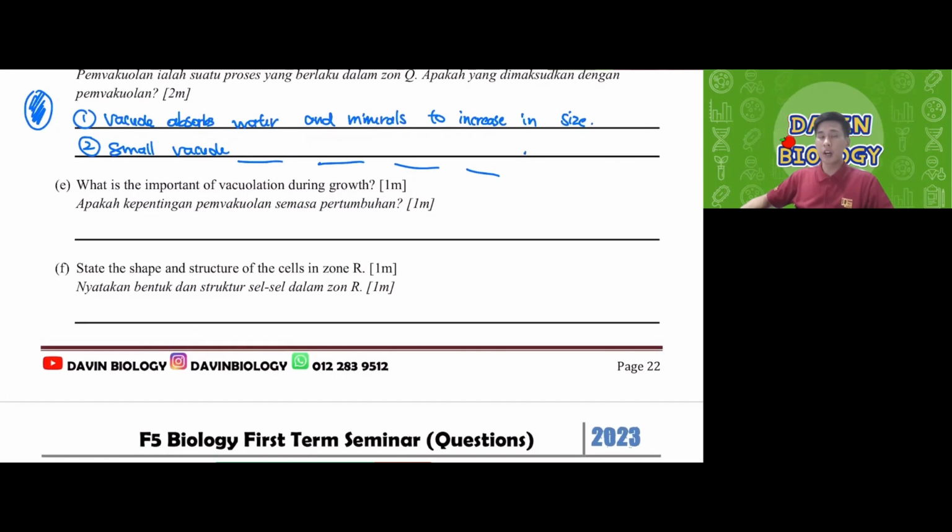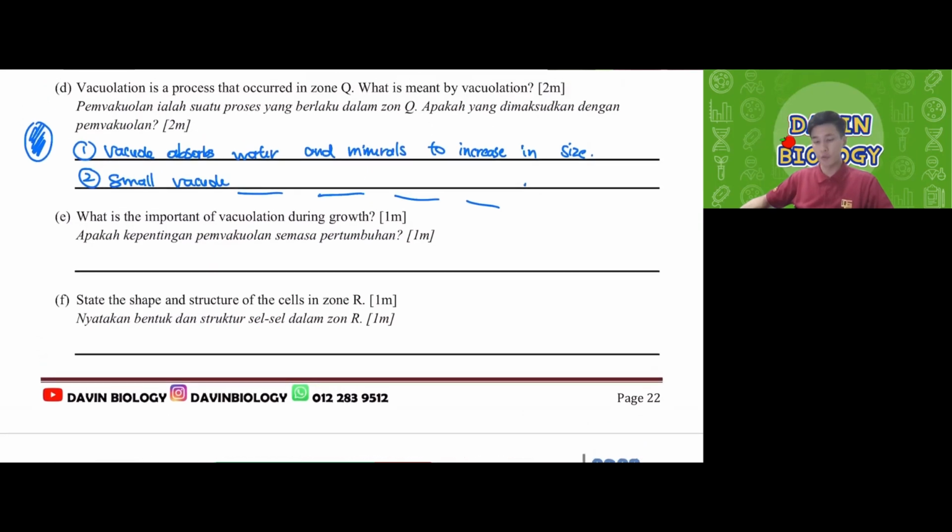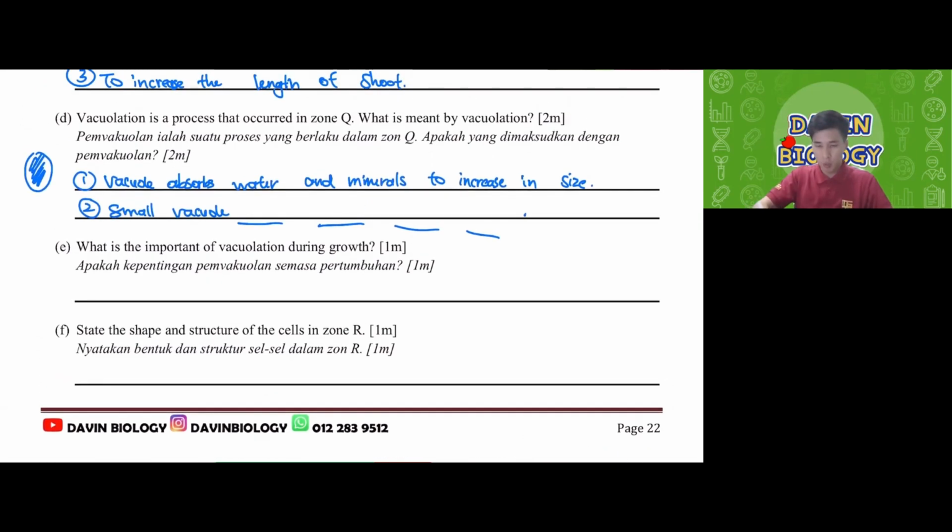Now, what is the importance of vacuolation during growth? So why does the vacuole become big? What importance does it have? What do you guys think? How does it help growth? The cell becomes turgid.